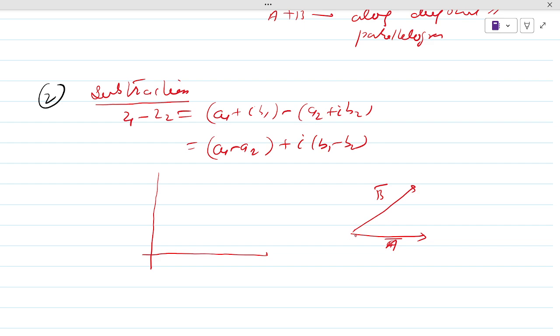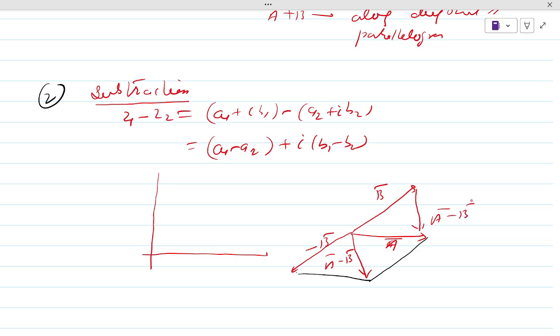So what will we do? This is minus B, and then A minus B will be along the diagonal of this parallelogram. So we form the parallelogram like this, and this is A minus B. Also observe that A minus B will also be along this one.